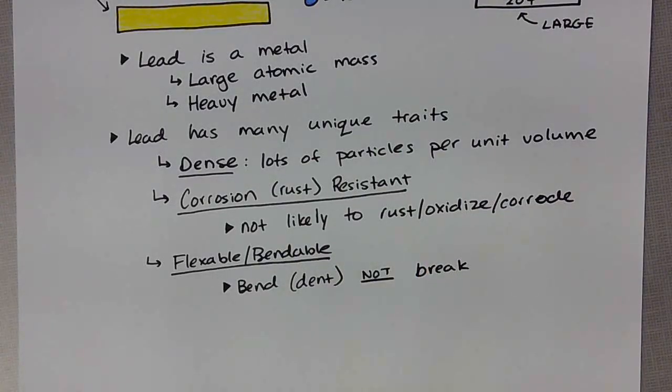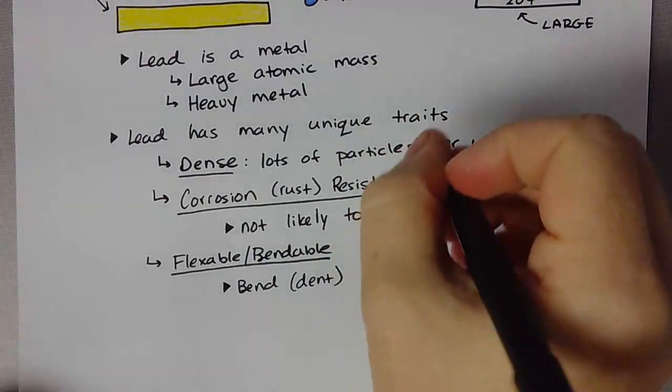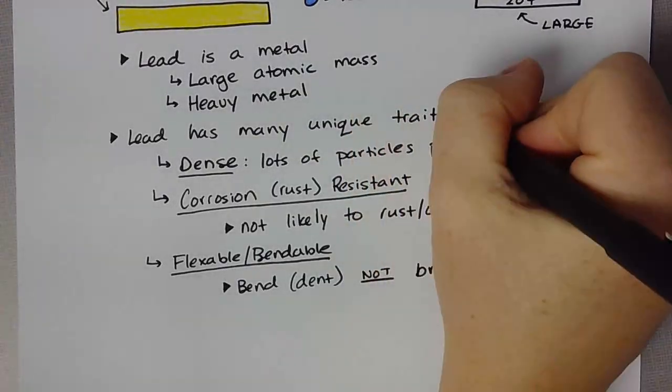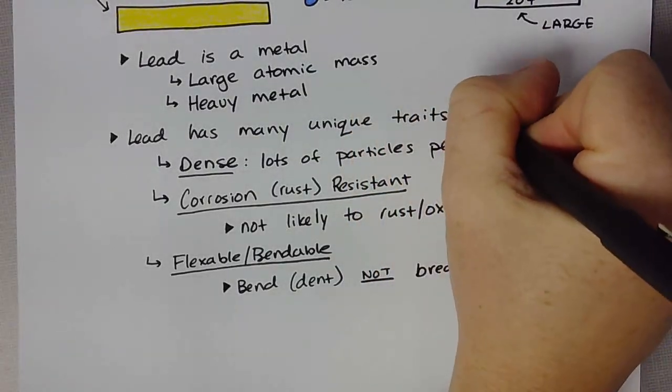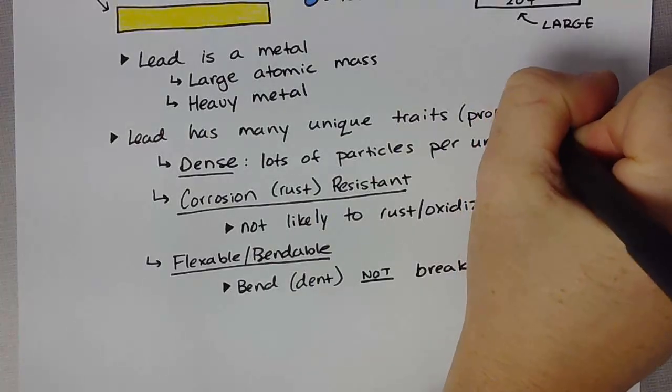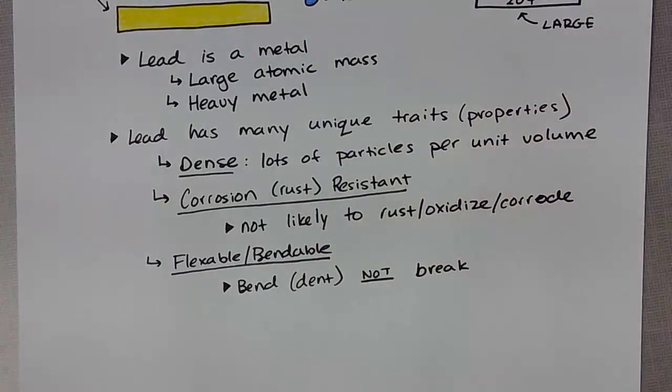There's a lot of other traits or properties about lead, and actually I want you to know that those words are interchangeable, traits and properties. But these are some of the big ones that made it really popular as an industrial material.